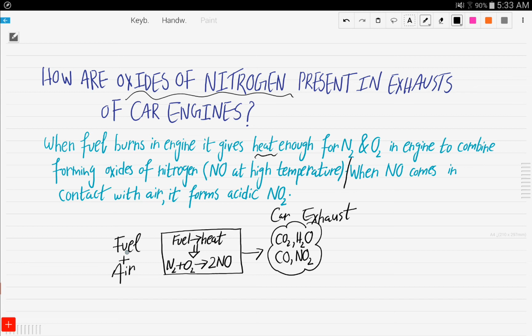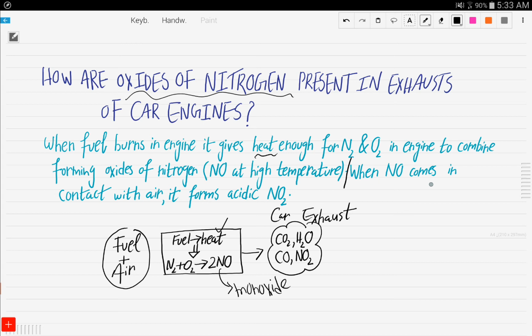Here's the engine. Picture that that's the engine. It has fuel and air. And because of the burning of the fuel, much heat is given out. So this heat causes the nitrogen and the oxygen in the air to combine, forming nitrogen monoxide. Okay? Till here it's clear?